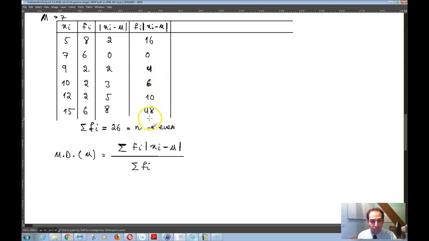Now you can calculate the mean deviation about the median pretty easily. You just add all of these numbers together, it's sigma of all of these expressions. So 16 plus 4 is 20, 30, 78. 78 plus 6 is 84. So that's 84 over sigma f of i, which is 26.